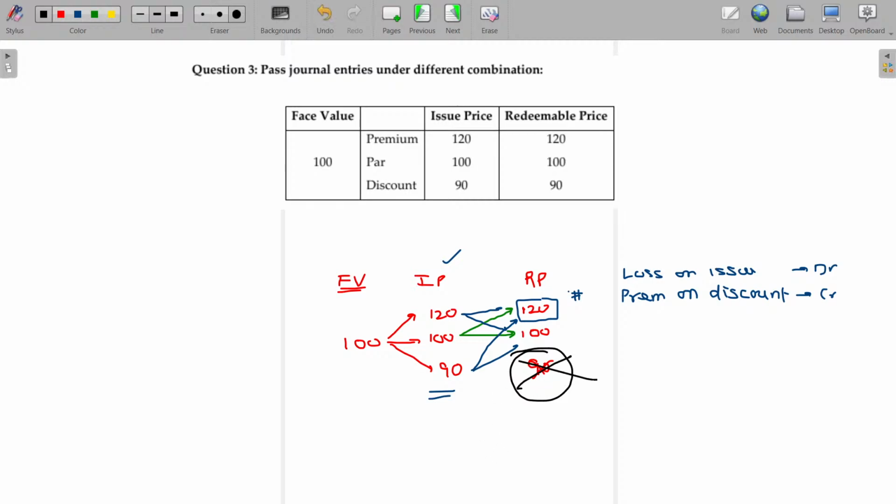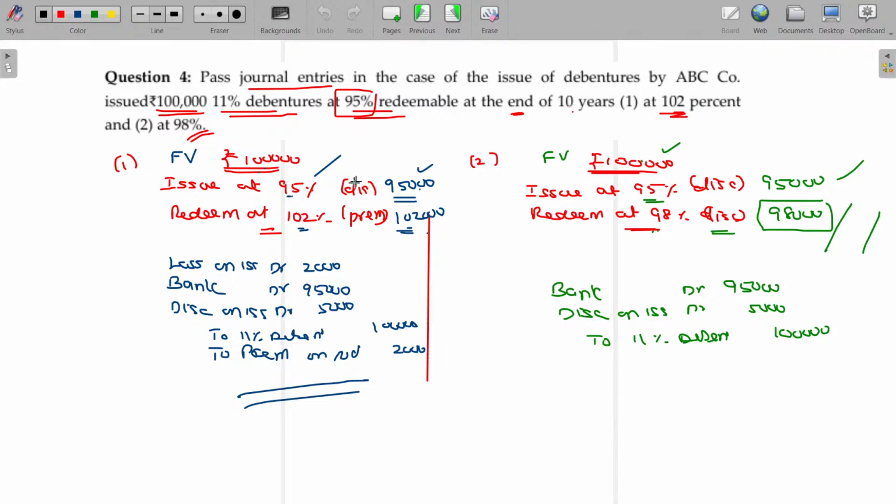Discount on redemption we have to omit. As per the conservatism concept, the difference between these two, the 98,000 and 2,000 rupees you gain, will not be considered for accounting. You can record it only on realization. At the time of redemption only we will record. We never provide any reserve for this purpose. Clear? It is not a loss, actually it's a gain.